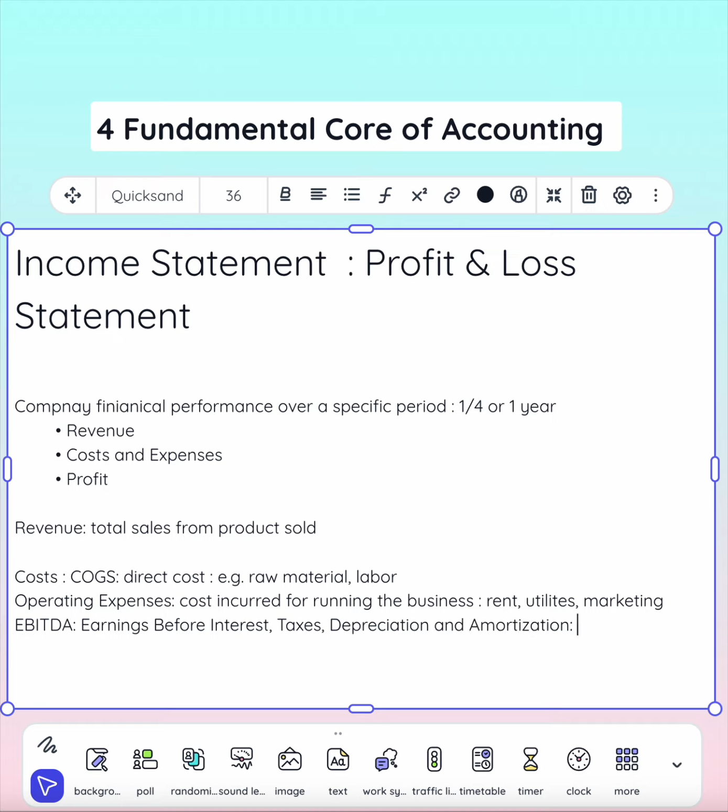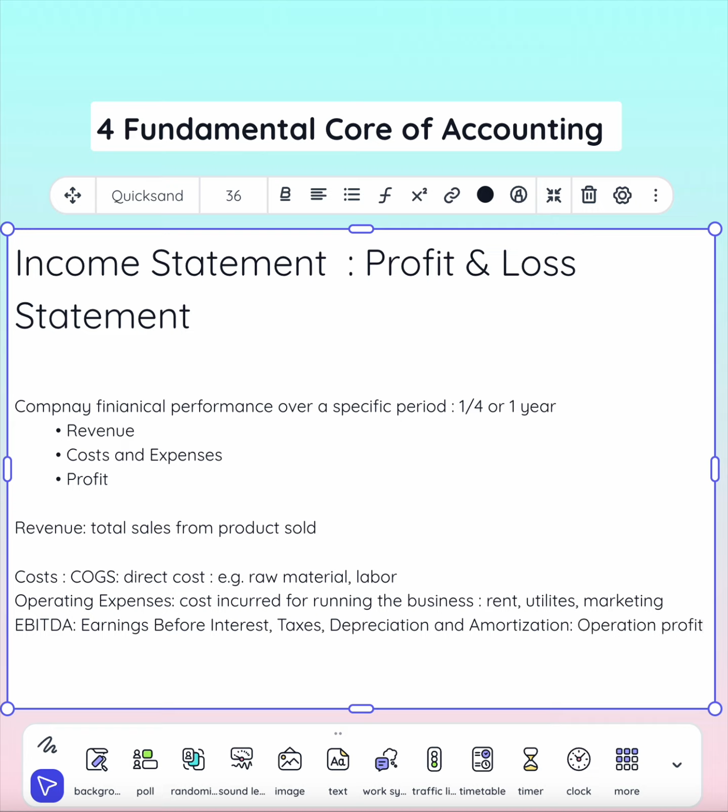It's a measurement of the company's operating profitability, before non-cash expenses like depreciation and amortization and financial costs, or interest and taxes. So it's a measure of the company's operating profit.